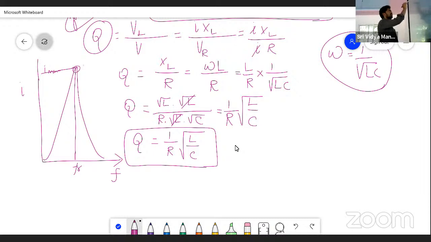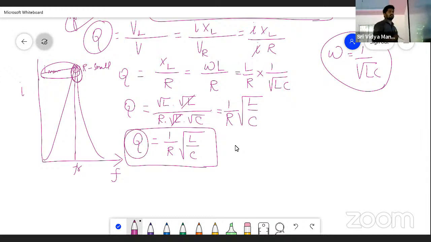In this region the R value is very small, so the current is maximum. Maximum current means the resonance condition is very sharp. I mean the sharpness of this graph, this is the selectivity given by the quality factor.